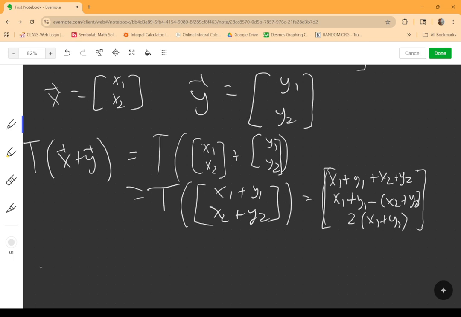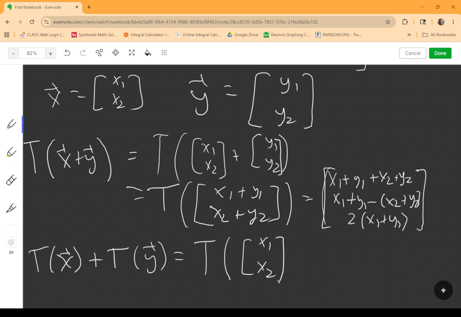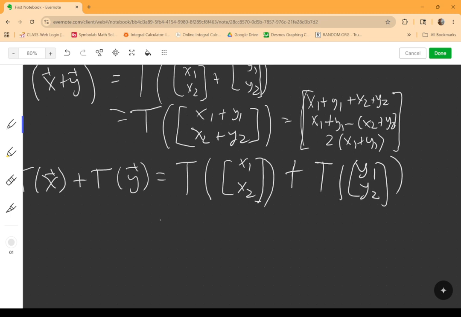Now let's look at the other side, which asks me to do the transformation first and then add the vectors.